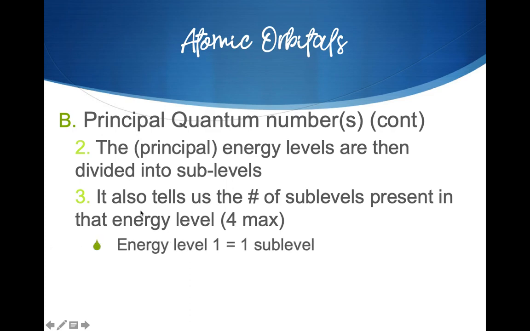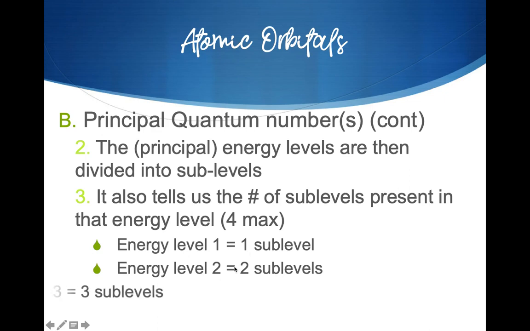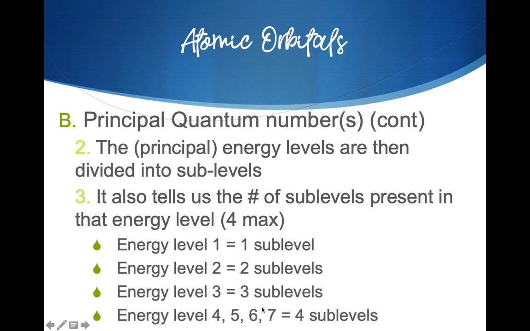So energy level 1 only has 1 sublevel because it's small, right? So it makes sense you can't divide it very much. Energy level 2 has 2 sublevels. Energy level 3 has 3. Levels 4, 5, 6, and 7 all have 4 because the maximum number of sublevels is 4. So energy level 7 still only has 4 sublevels because we don't have any other ways to divide it.